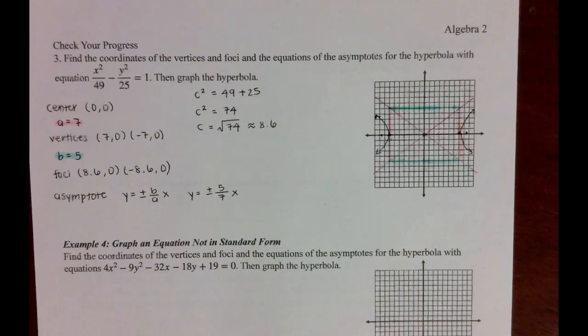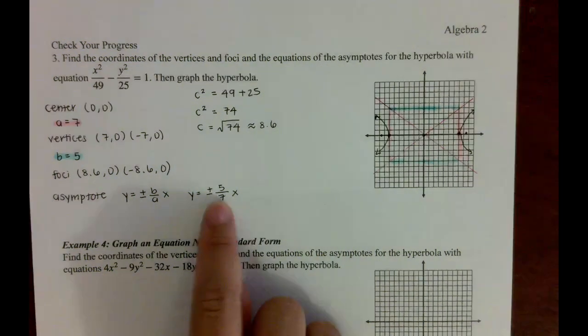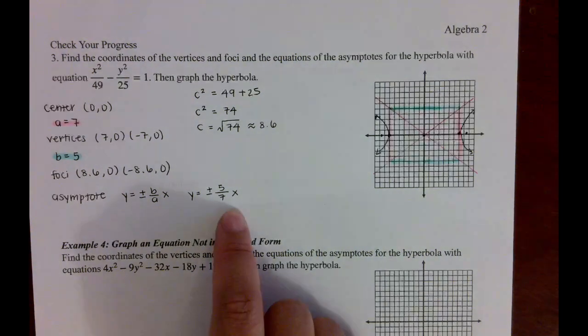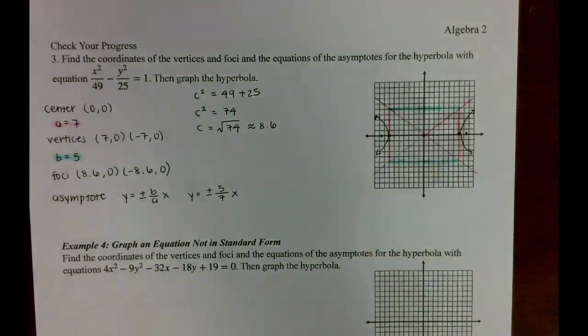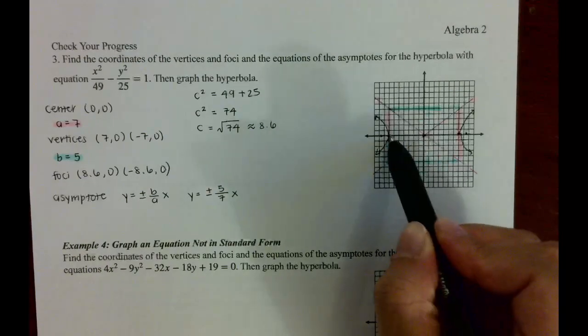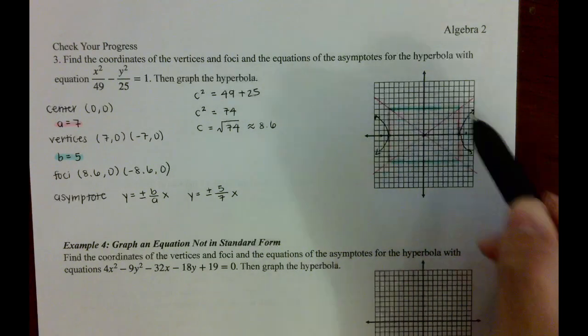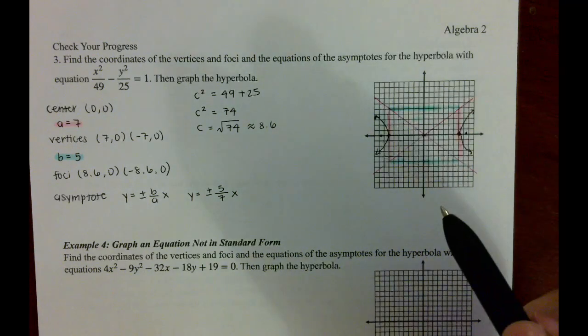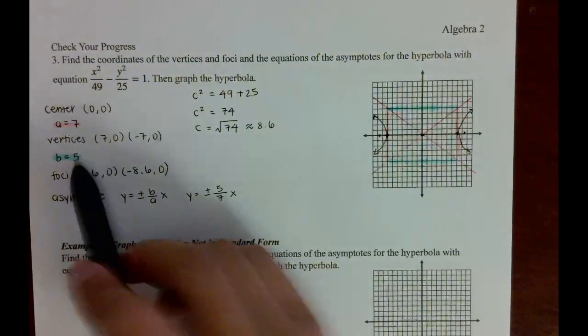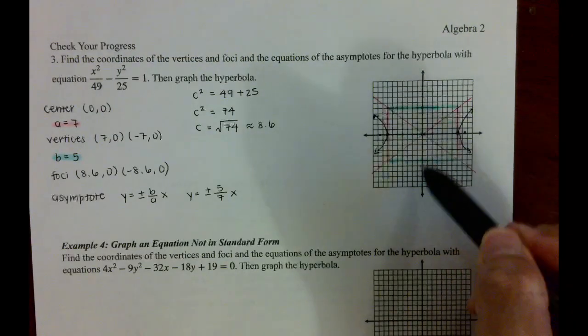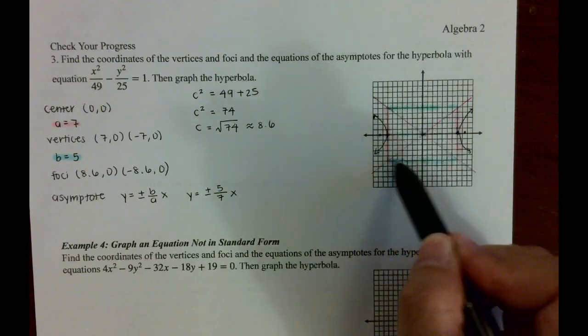Okay. Then asymptote is y equals plus or minus b over a x, so plus or minus 5 over 7 x. Okay. Then graphing, here's my center. A is 7, so here's my vertices, and then this is the beginning of my box to get my asymptote. Right, and then b is 5, so up 5, down 5, so this helps me find my asymptote.